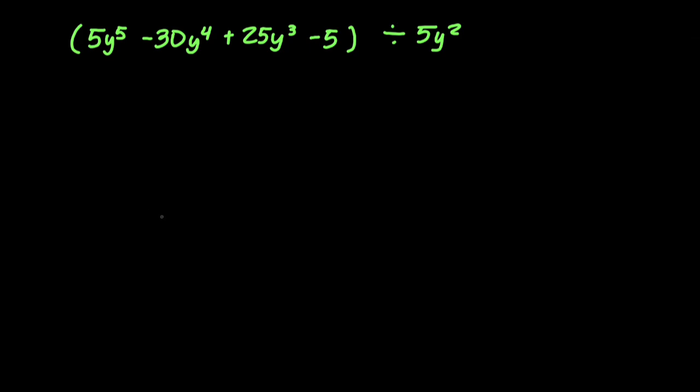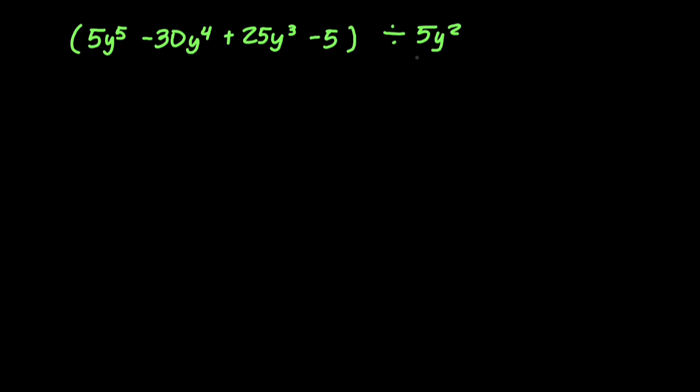Let us start with division for polynomials. We have the problem here, 5y raised to the power of 5 minus 30y raised to the power of 4 plus 25y cubed minus 5, all divided by 5y squared.